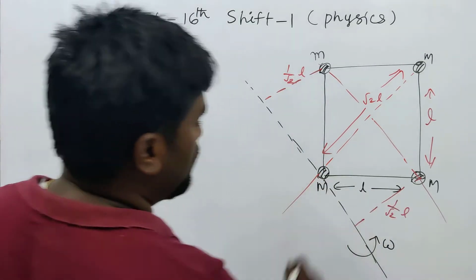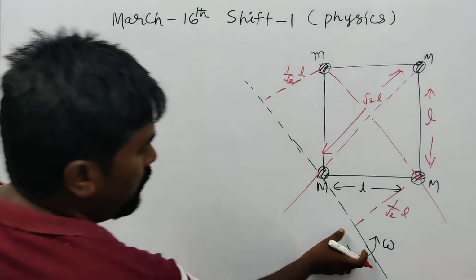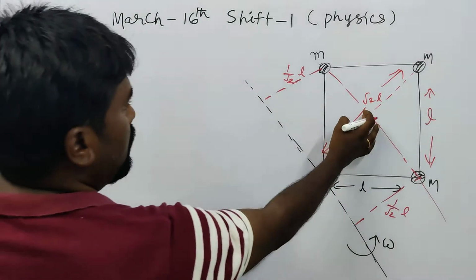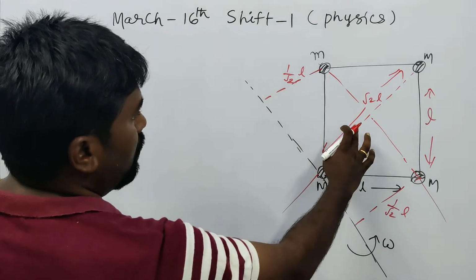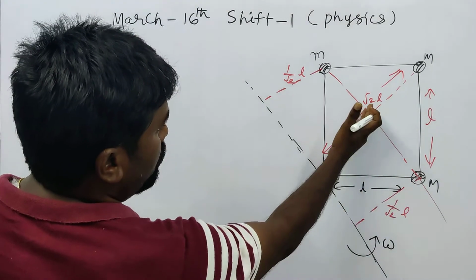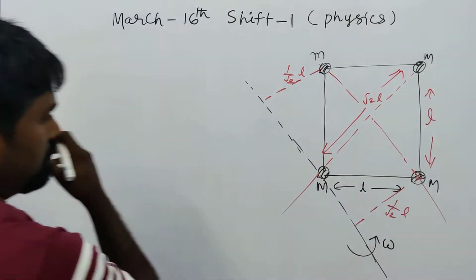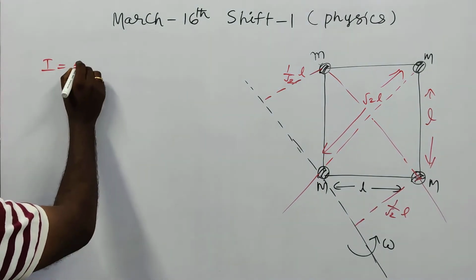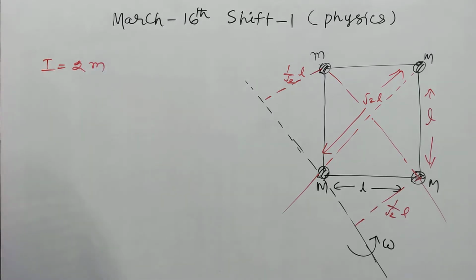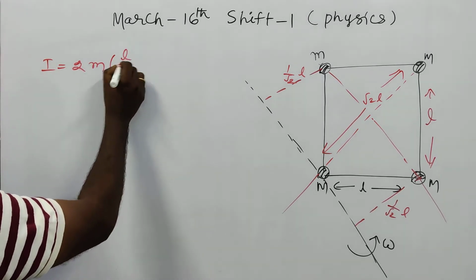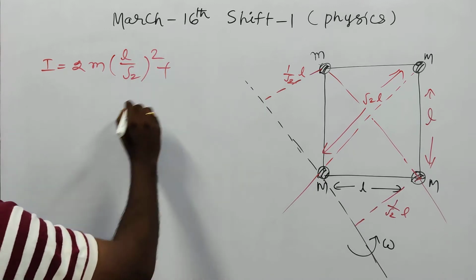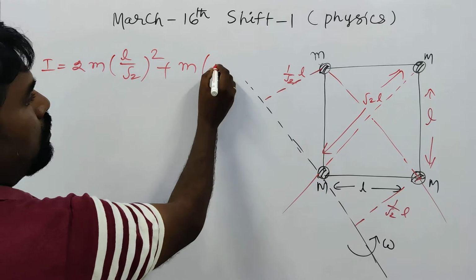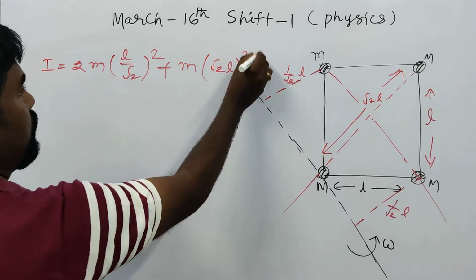When the system rotates about this axis with angular velocity omega, the moment of inertia is 2 times this one plus 1 time that one. So I is equal to mr square: 2 into m into L by root 2 whole square, plus m into root 2 L whole square.